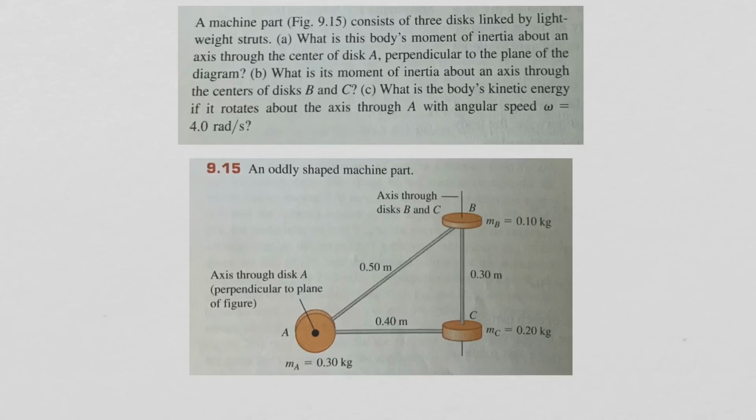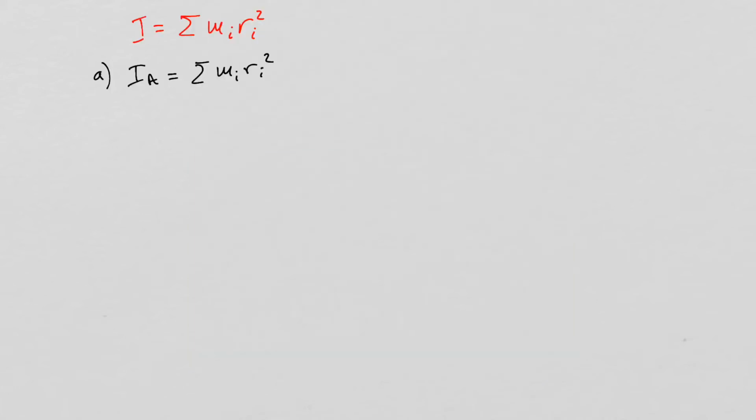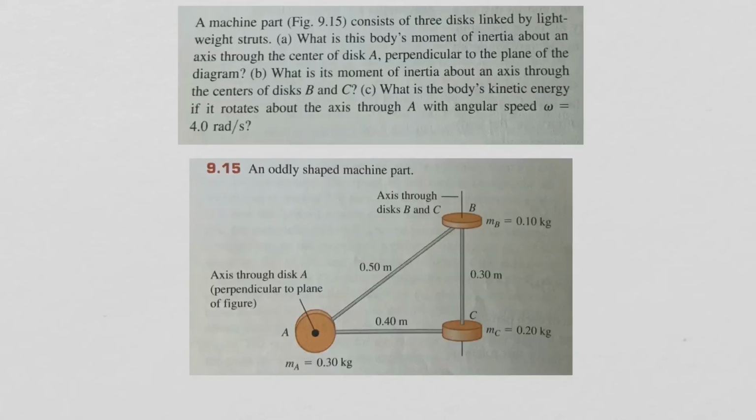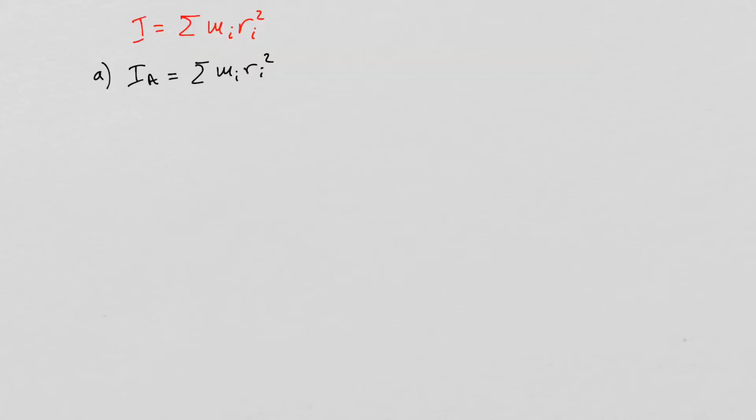So if you look at the schematic here of this machine part, we have the distances from B to A, from B to C, and from C to A, as well as the masses of C, B, and A. Furthermore, since the axis of rotation passes through A, A basically does not have a moment of inertia with respect to that axis of rotation, since it is on the axis of rotation.